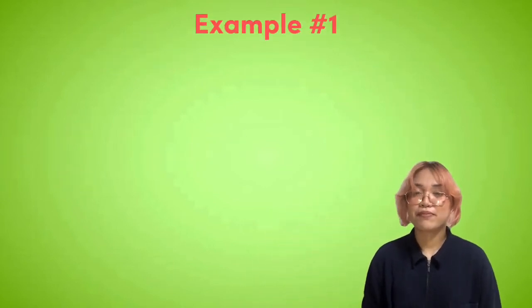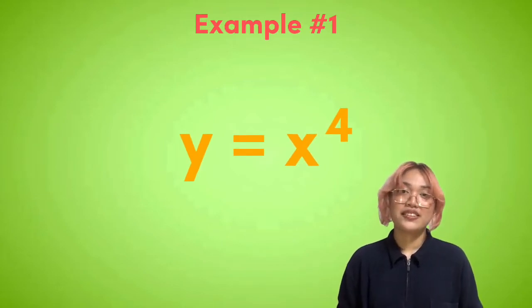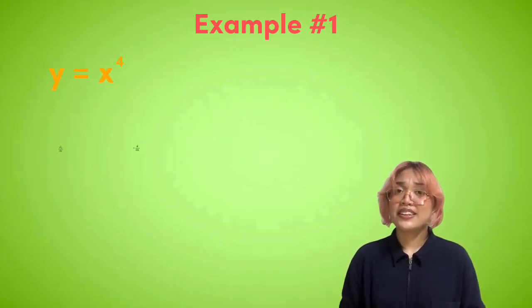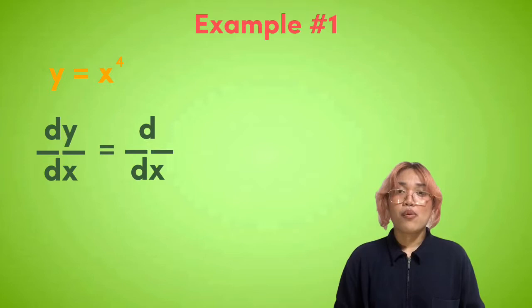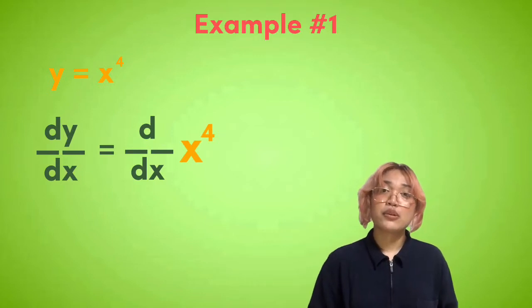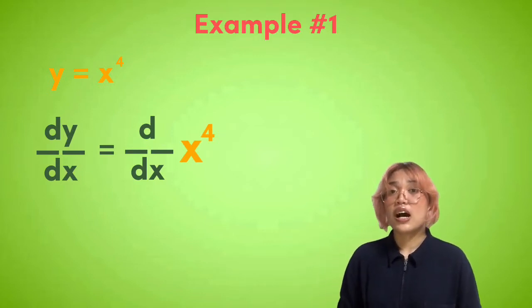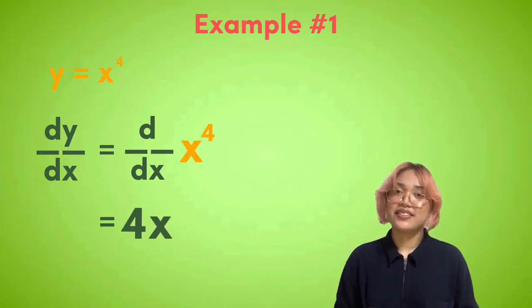First example, y is equals to x raised to 4. Start off by writing dy over dx is equals to derivative with respect to x. We will be writing the x raised to 4 on the right side. Our n is equals to 4, which, according to our formula, we will bring down n, then multiply to x.